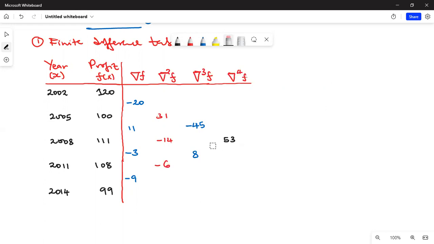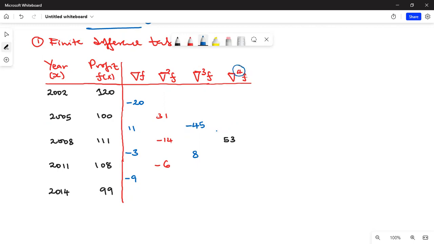So now we need to predict the profit when the year is 2012. 2012 is somewhere here. But first of all, let me explain something about this difference table. You see, we have done the subtractions up to our last value in the fourth order column. So it means our interpolating polynomial must be of degree 4.